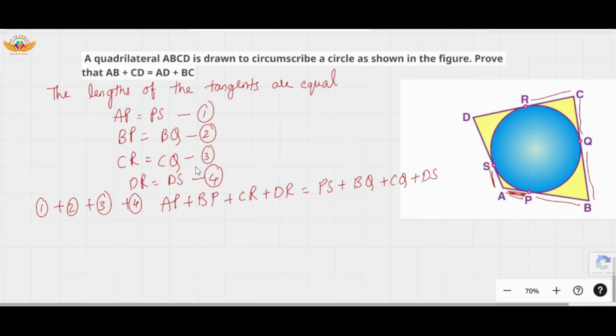So what is AP plus BP? AP plus BP is nothing but AB. CR plus RD, that is DR, is nothing but DC. And what is PS?